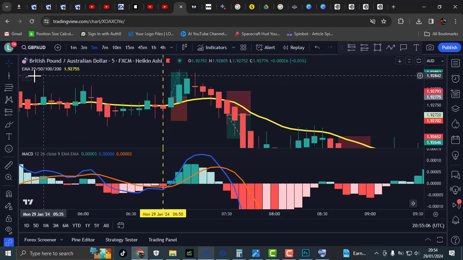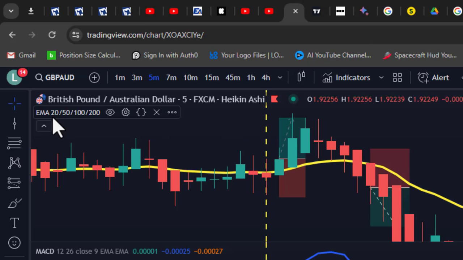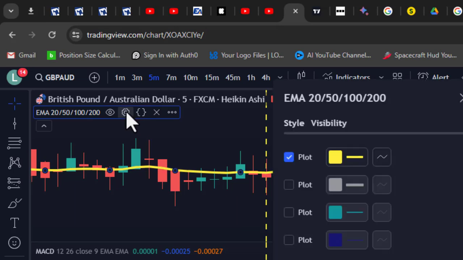First of all, we need 2 indicators. The first one I already have is this EMA, and if I go to the settings, as you can see, I have just the 20 showing. I unticked 50, 100, and 200, because those are slower, so I need the fastest one, which is 20.